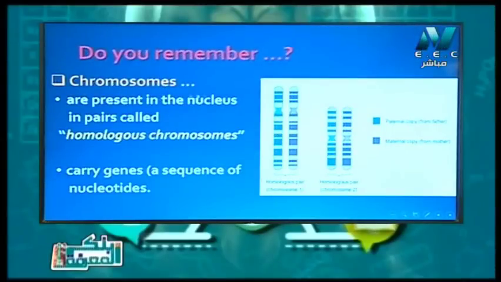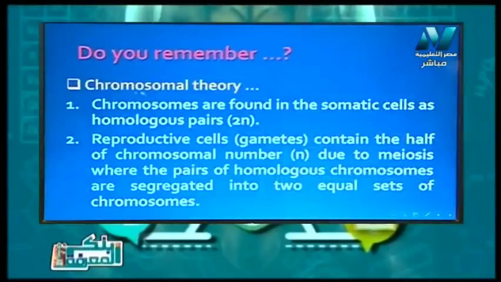Actually, of the homologous chromosomes, one comes from the male parent and the other one comes from the female parent in the somatic cell. So the chromosomes carry genes.